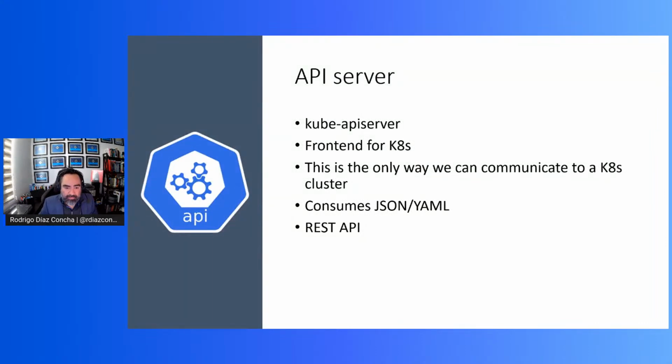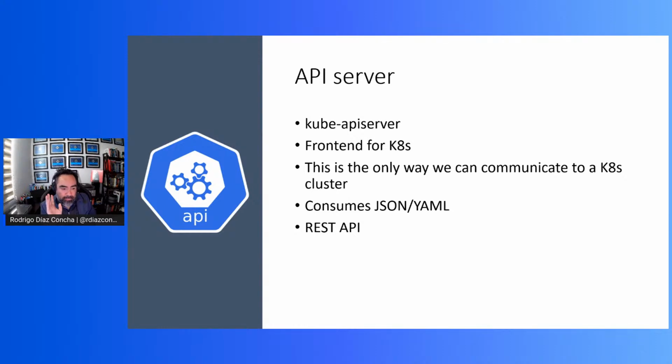The API server is just a web API. It's not a web API like a regular thing that you create with, I don't know, maybe ASP.NET Core or something. It's an API that Kubernetes exposes for communicating with Kubernetes.